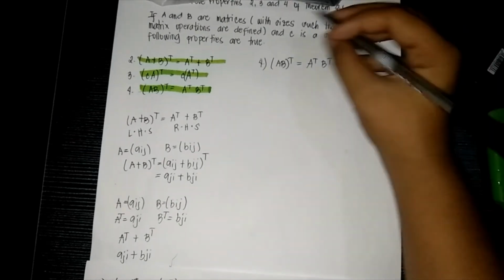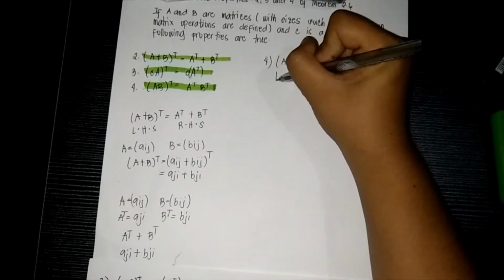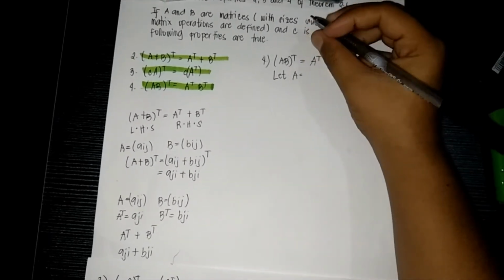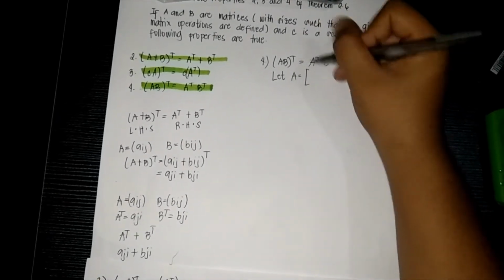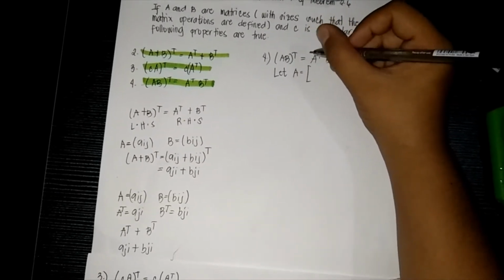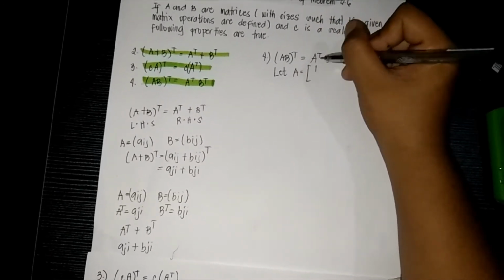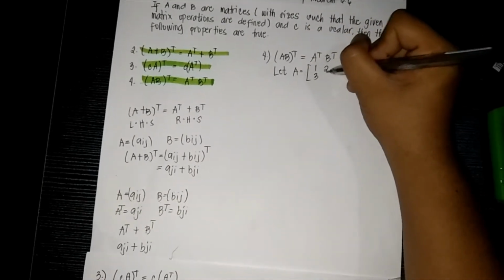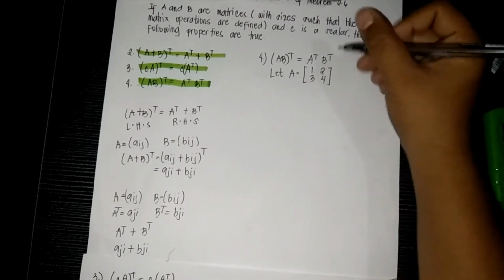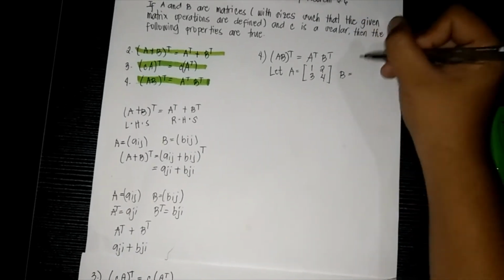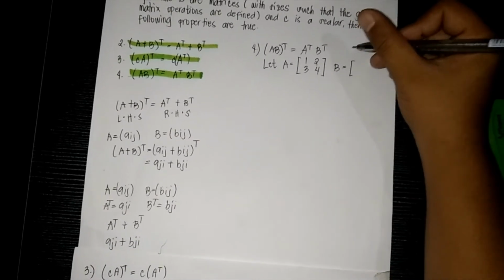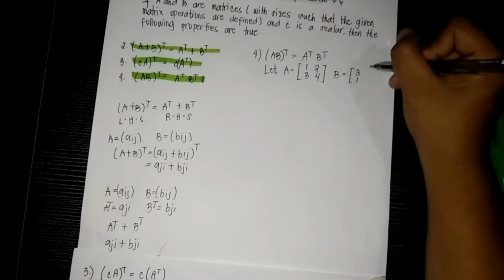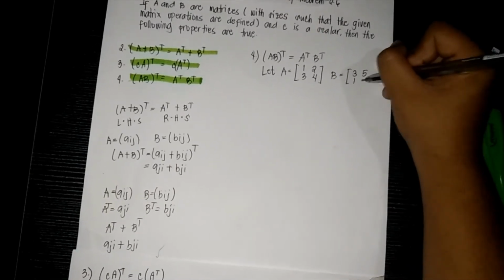So we need to let A be the matrix 1, 3, 2, 4, and the matrix B be the matrix whose first column is 3, 1 and second column is 5 and negative 1.